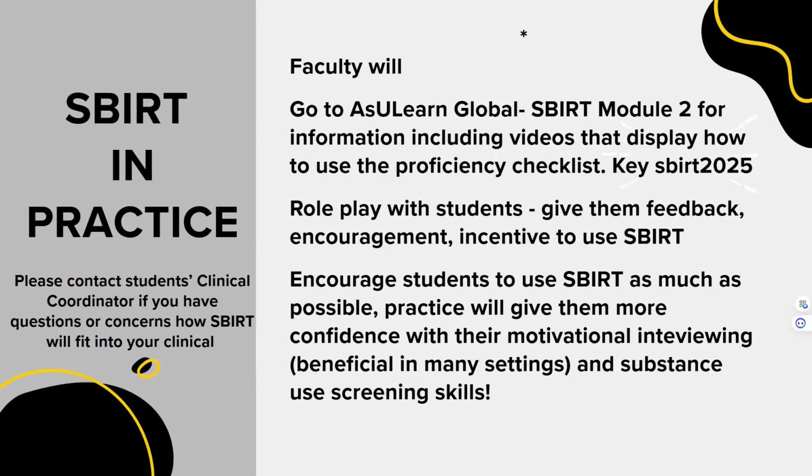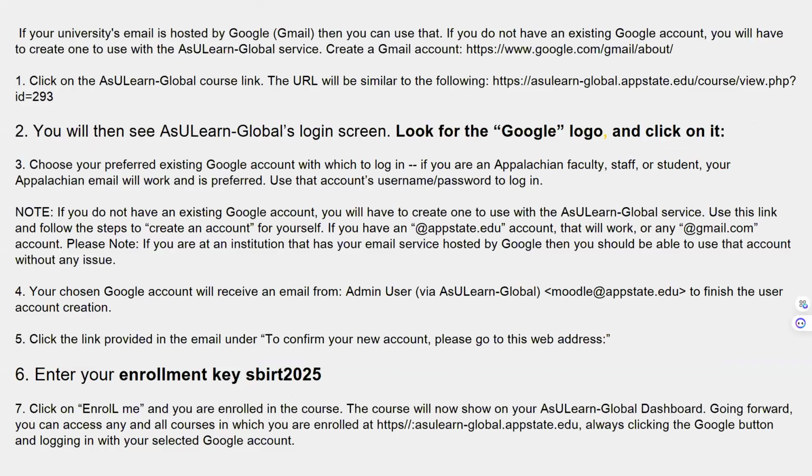So finally, this is an email. And one of the things I want to let you know about the As You Learn Global site is that to log into it, you need a Gmail email. So our App State emails are all Gmail. Other universities also use Gmail, and so those emails also work.